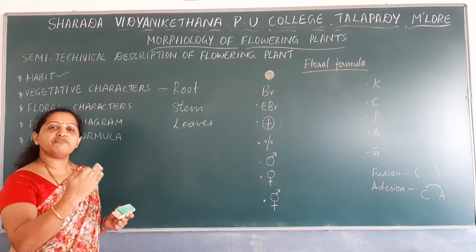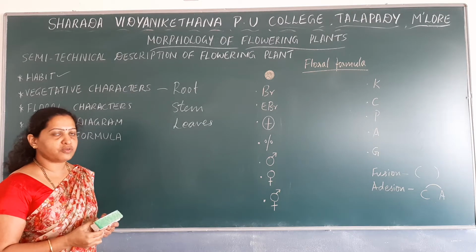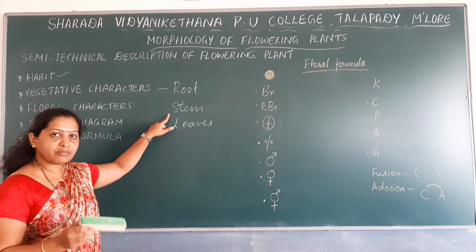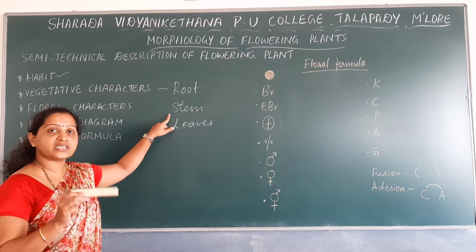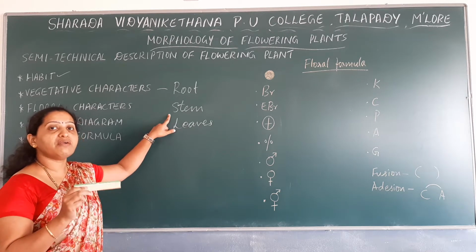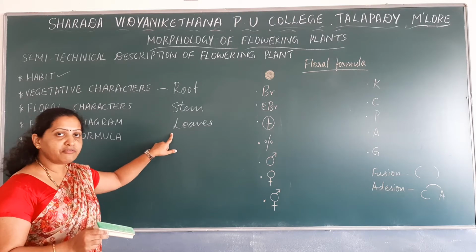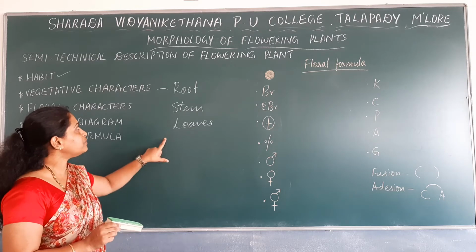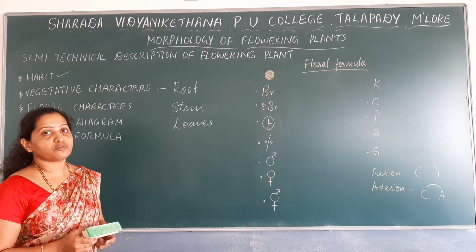There are different types of mode of arrangement of leaves that have to be noted. So about the stem you give the description, and after that you describe the leaf and the arrangement of leaves. These are some of the vegetative characters of a flower.